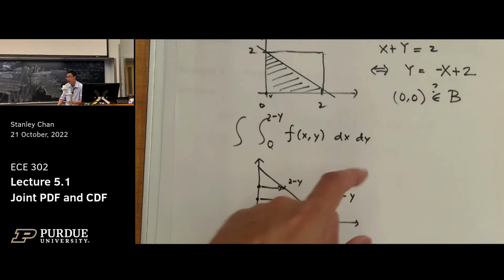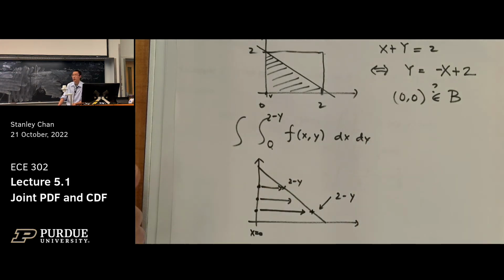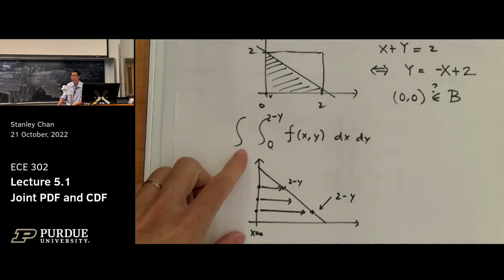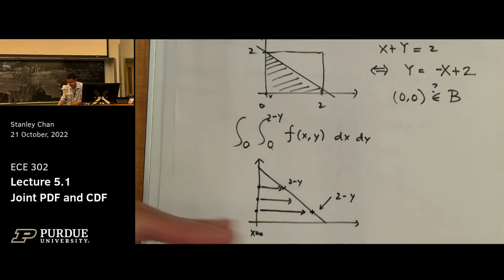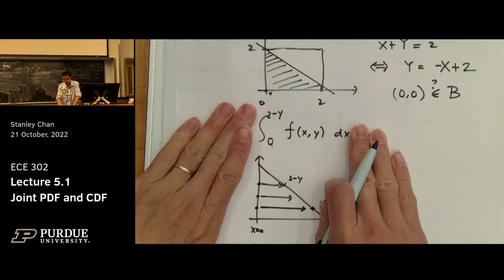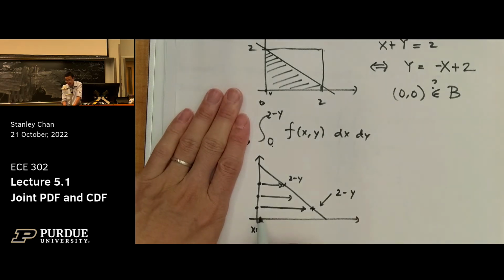Then you have an outer integral, that is dy. Where should the lower limit be? 0. Okay, so you have already scanned through all. Now think about this. The inner integral is just a line.